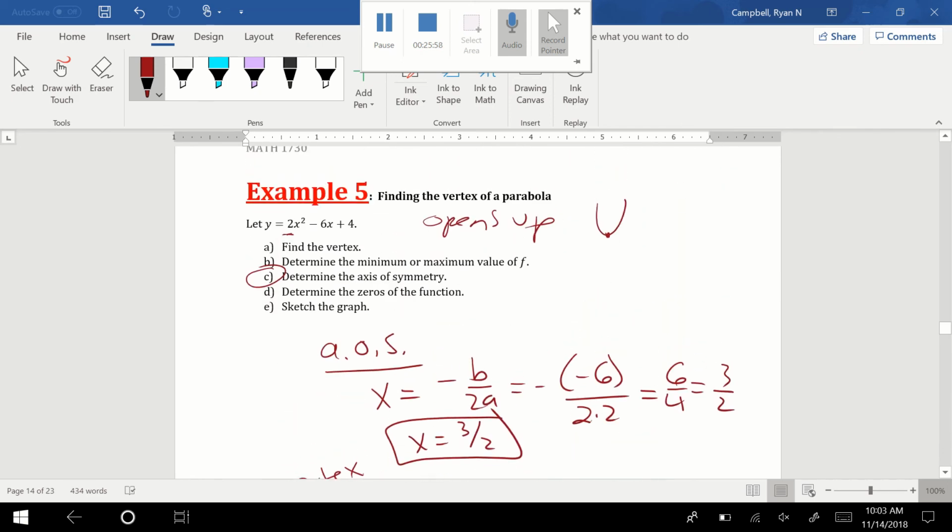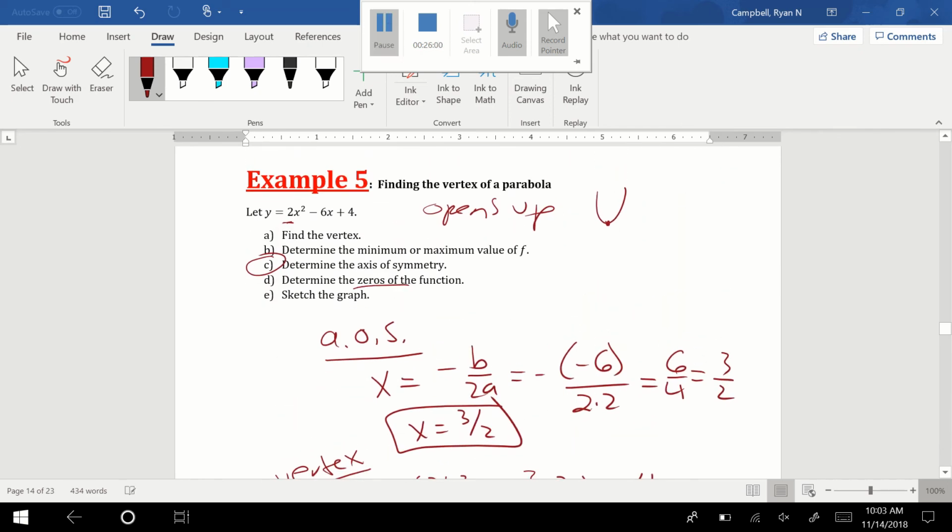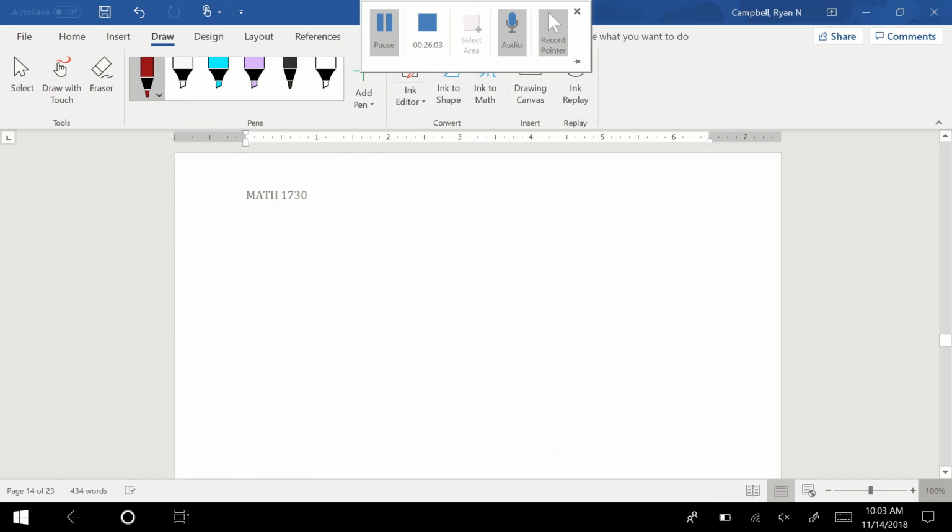All right, so lastly, we just have to find our zeros and then sketch it. Finding the zeros is going to be a little different because we don't have that nice easy square. So 0 equals 2x squared minus 6x plus 4.